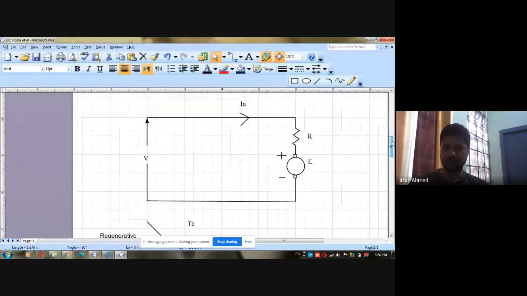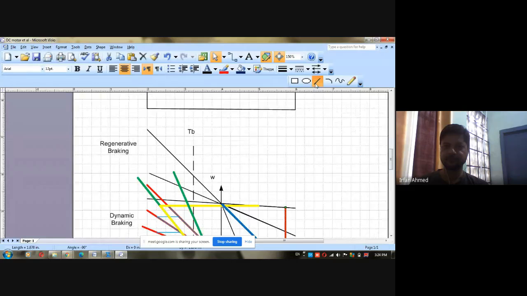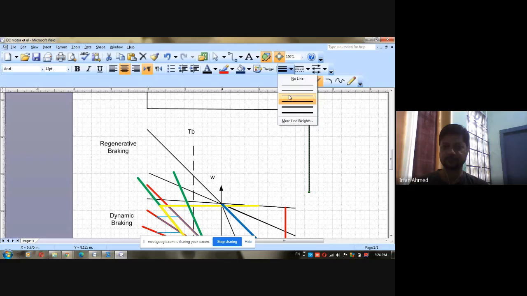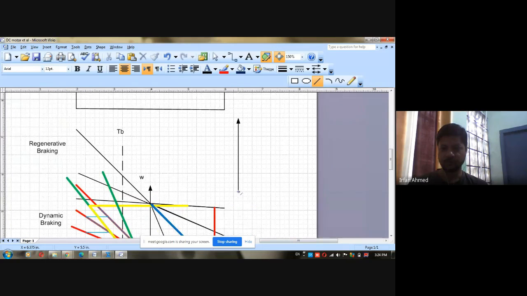What will be the graph between the flux and armature current? Let us say we take flux on the y-axis and armature current on the x-axis.